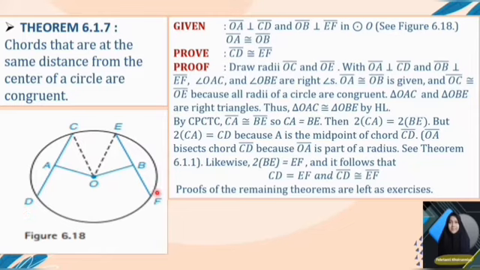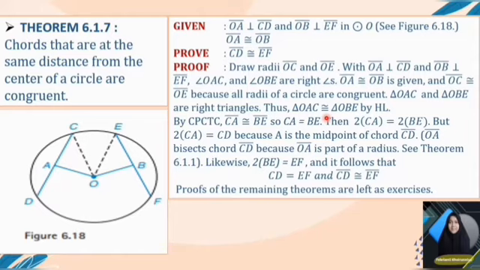Angle OAC and angle OBE are right angles. Line segment OA equals line segment OB is given, and line segment OC equals line segment OE because all radii of a circle are congruent.